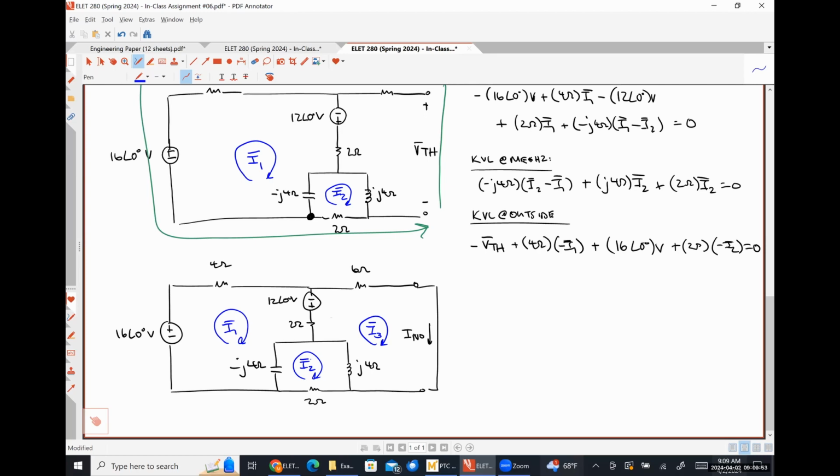But now, since that right-hand side is short-circuited, I3 is effectively just 0, right? So we would do our analysis from here using mesh analysis, find I Norton. The ratio of V Thevenin to I Norton gives us the Z Thevenin, and then it's literally just using equations.